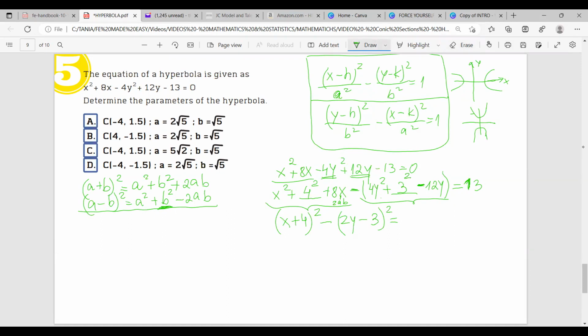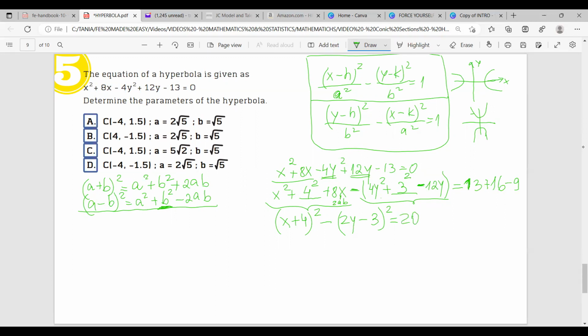So remember when I told you that whatever we add or subtract on one side of the equal sign has to be added and subtracted on the other side of the equal sign to leave the equation the same. So in this case, we are adding 4 squared on one side, so we have to add it here as well. So I'm going to do plus 16. And then we are subtracting 3 squared. I'm going to have to subtract 9 from this side as well. So 13 plus 16 minus 9 equals to 20.